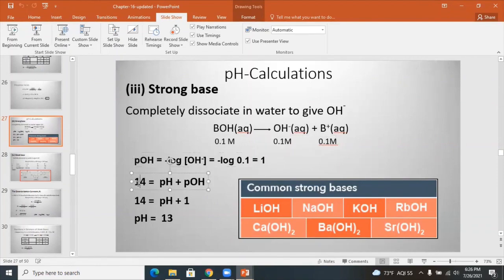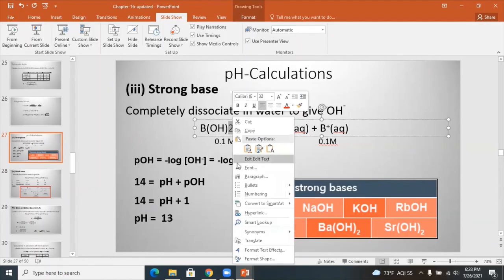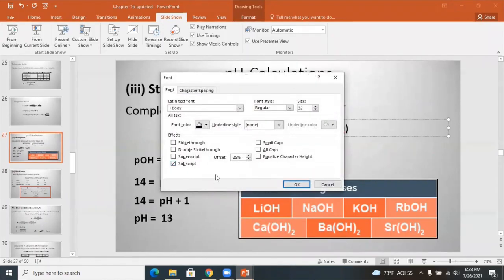And here is the equation that I highlighted. 14 equals pH plus pOH. This is 1. This is 14, that means the pH is 13. Now, if this was group 2, then it's going to be OH twice, because you have 2 of them.